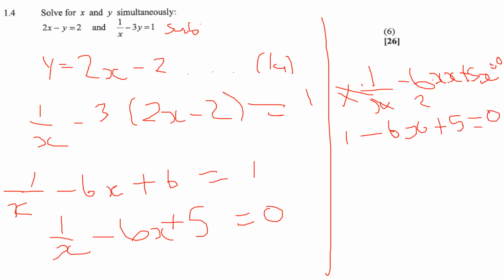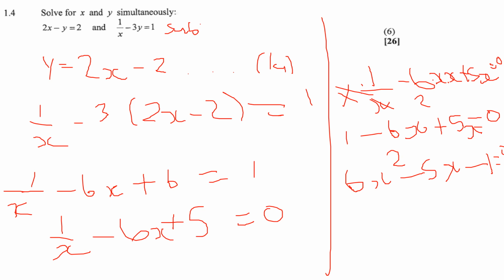So basically when we take everything on this side to the other side, we'll be left with a positive 6x squared, then negative 5x, and then this 1, when it goes that side, is going to be negative 1, equals 0.